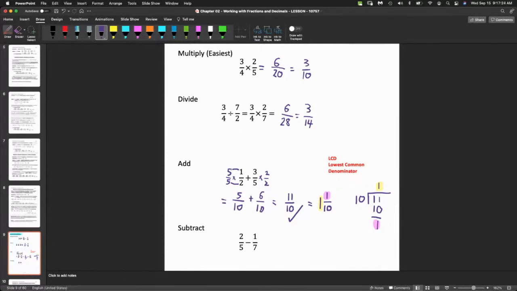So that's why I do 5/5 here, because whatever I do to the bottom to turn this 2 into a 10, I need to do the same operation to the numerator. So I have to multiply the top by 5 as well. Over here, I want to turn this 5 into a 10, so I can multiply it by 2. But whatever I do to the bottom, I must also do to the top, to be fair.